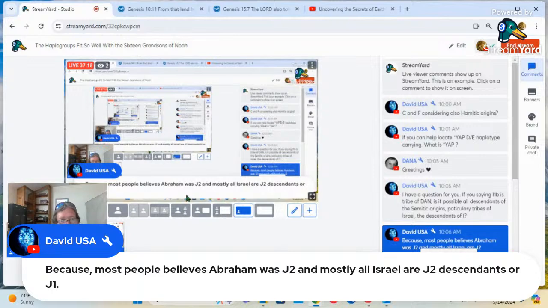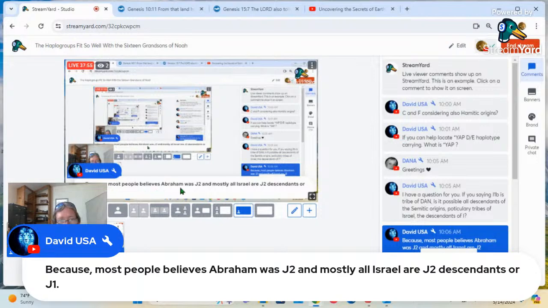Because most people believe Abraham was J2, and all of the J2 descendants are J1. Well, the descendants of Abraham would be I and J. Both I and J accompany pretty much all the Hebrews and Arabs, Israelites, and Jews. It would be the IJ lineage, which is one lineage, IJ.